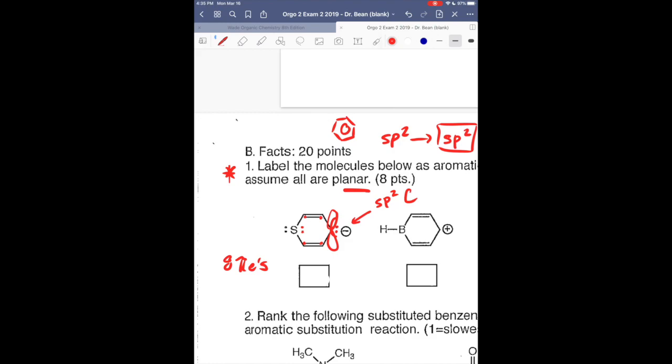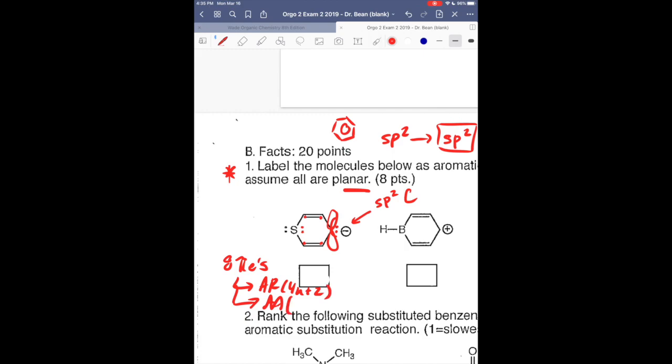So if we hypothetically have 8 pi electrons in this system, we need to make a decision in terms of Huckel's rule. And Huckel's rule is just a formula that will let you classify a molecule as either aromatic or anti-aromatic. The formula for aromatic is going to be 4n plus 2.